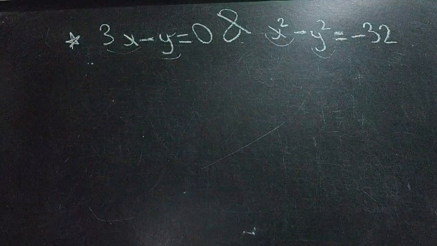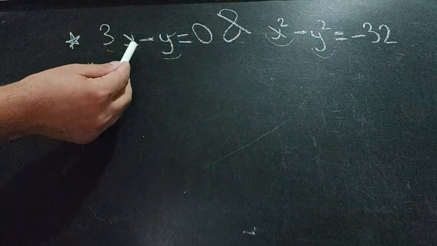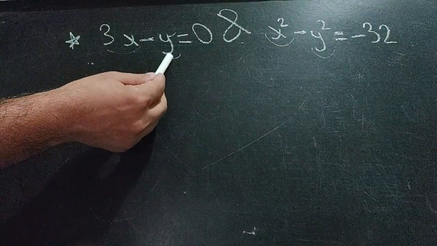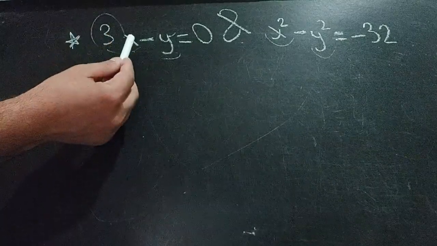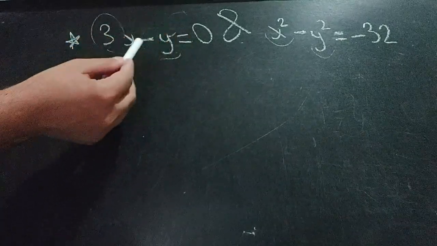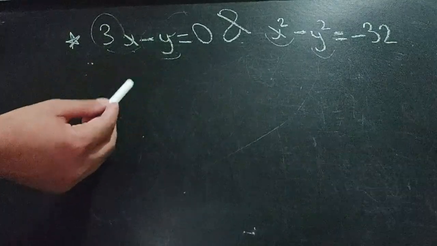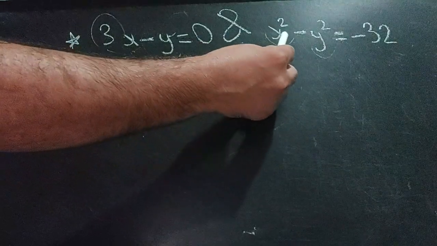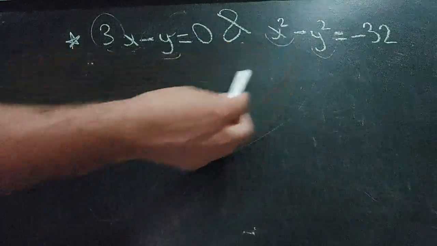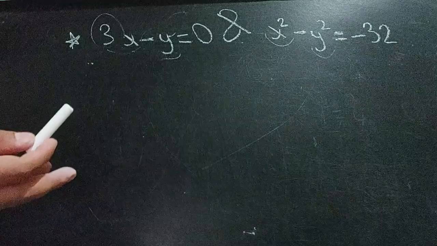Why? Because if you try to write x instead of y, you are going to write x equals y over 3, because you will leave x alone. This one to the other side as positive, 3x equals y, x is going to be y over 3. And when you come there, you will write y over 3 instead of x, and you will deal with rational numbers.